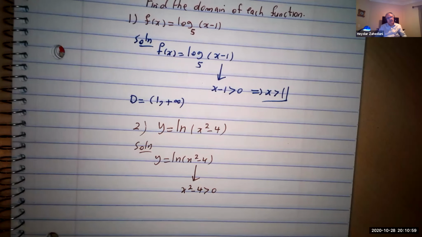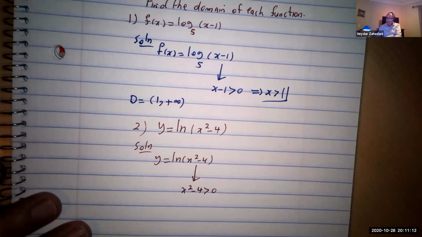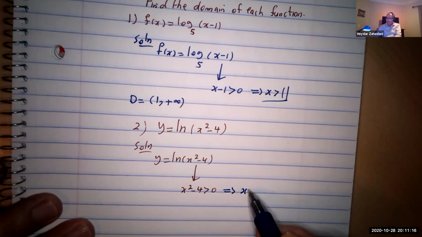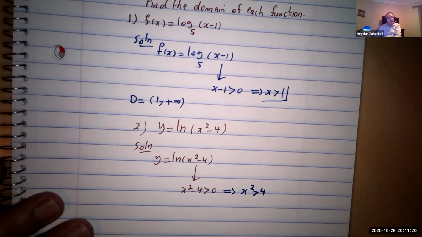We talk about it, you can factor it and use a chart, or you can move the 4 to the other side, take the square root. Remember, we did it before. So one option is you can write x squared greater than 4, or you can use the square root method.